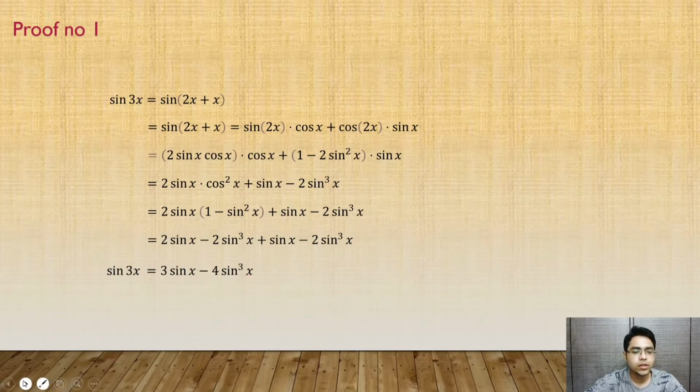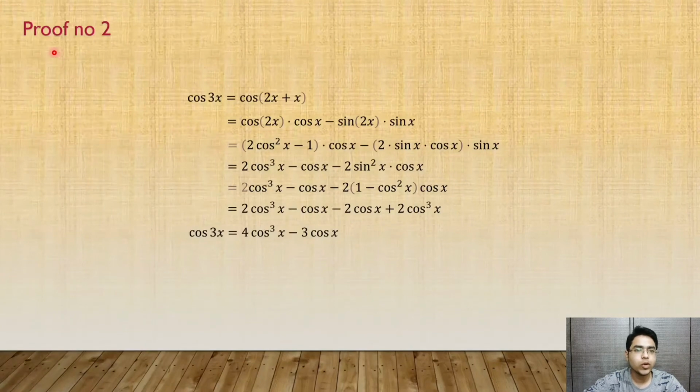Now moving further to proof number 2. Proof number 2 of cos 3x. Again, similarly, we are going to see that cos 3x is cos of 2x plus x, here as it is written.